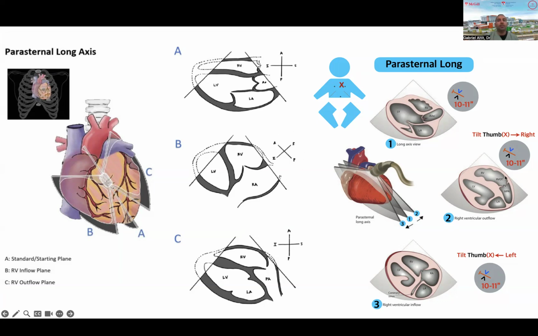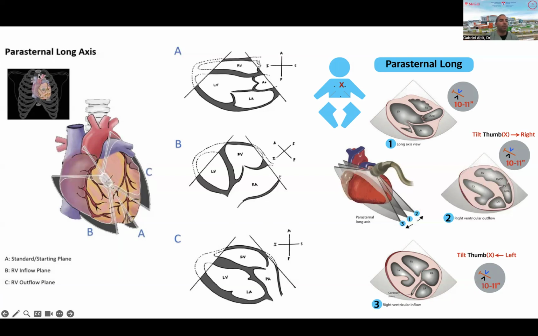Yeah, so these are ones by Pacini who actually tried to code how she would get the images for people. I find it's quite challenging to get it until you actually scan, but this will provide you the anterior, posterior, inferior, superior axis of where you're at relative to the rest of the body.